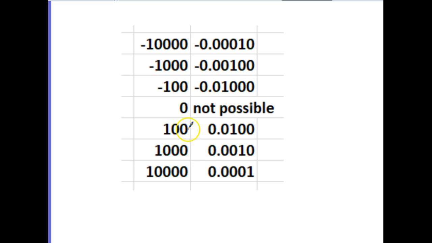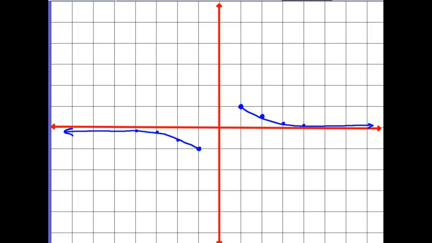If I put 1 over 100, it gets very, very small. 1 over 1,000, 1 over 10,000. It gets very, very small, but it doesn't actually ever get all the way to 0. So it's going to get closer and closer to 0, but it's never going to actually touch 0.